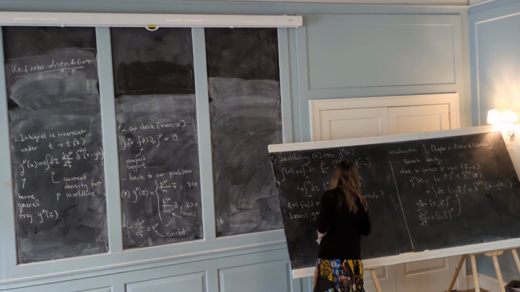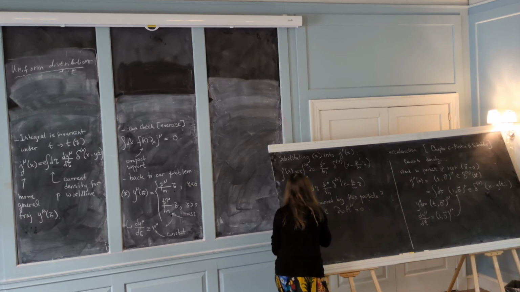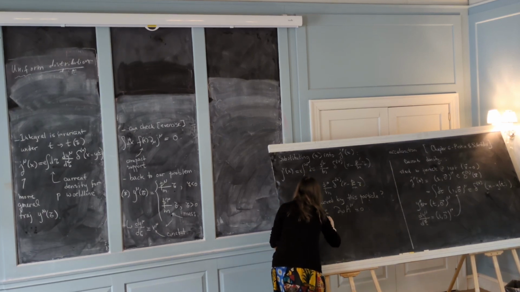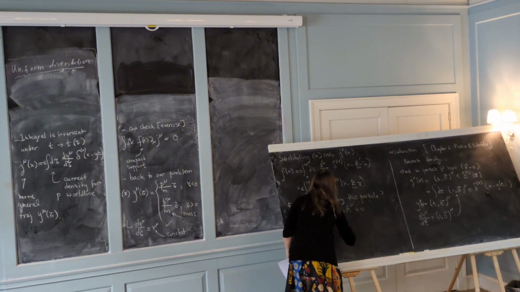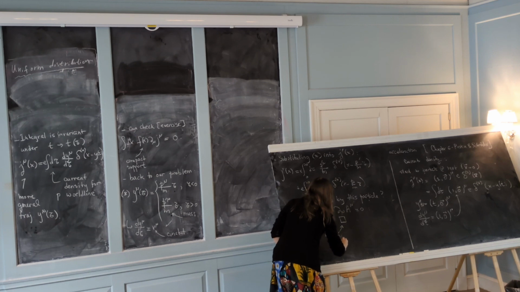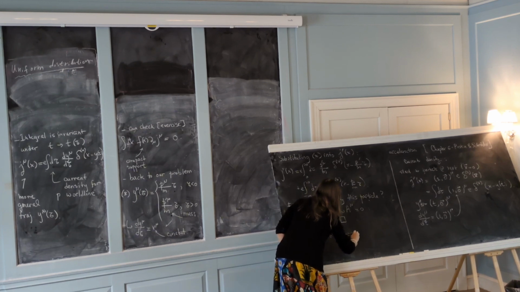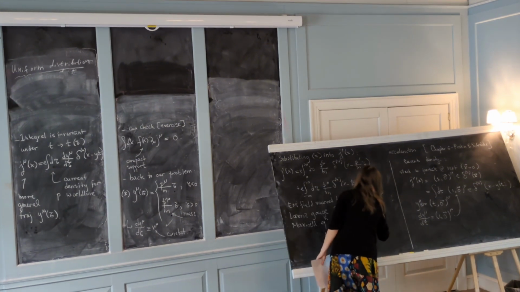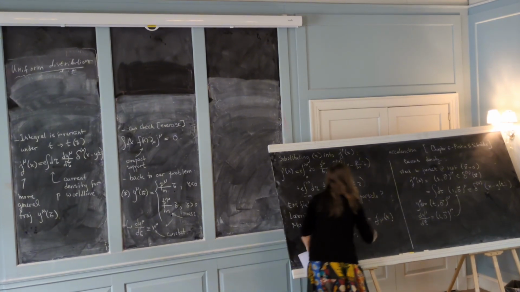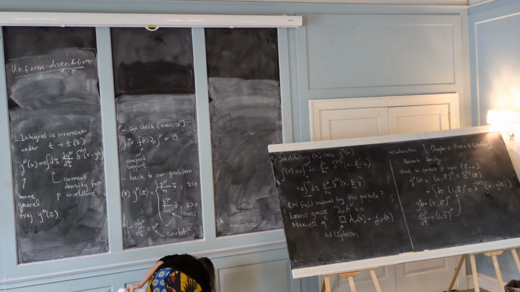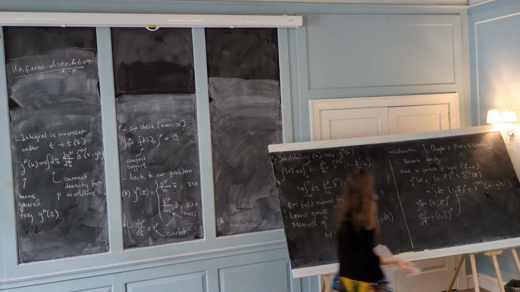So Lorentz gauge, partial mu A mu is equal to 0, and Maxwell's equations reduce to just box A mu equal to J mu, where this box is the four-dimensional Laplacian.